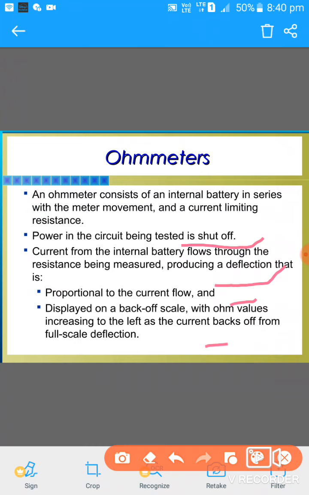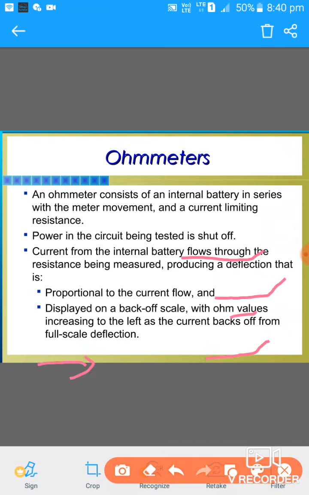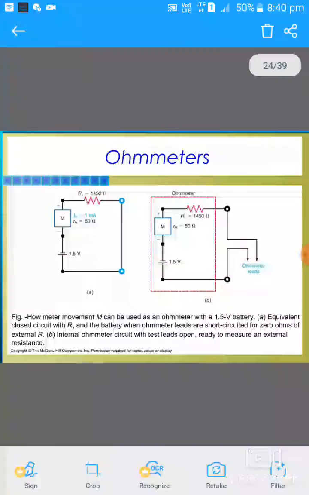This is the ohm meter. Then this is the circuit diagram of the ohm meter.